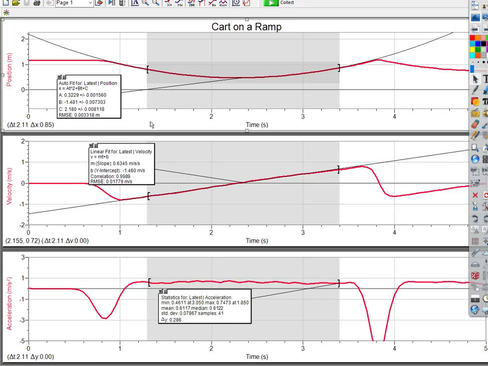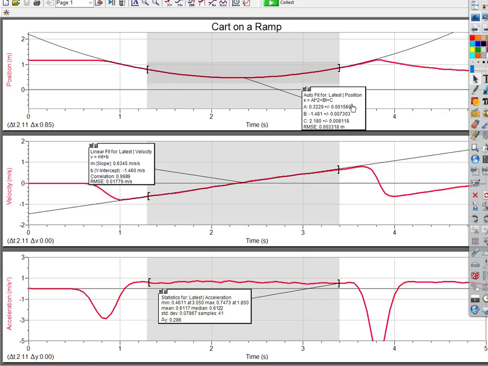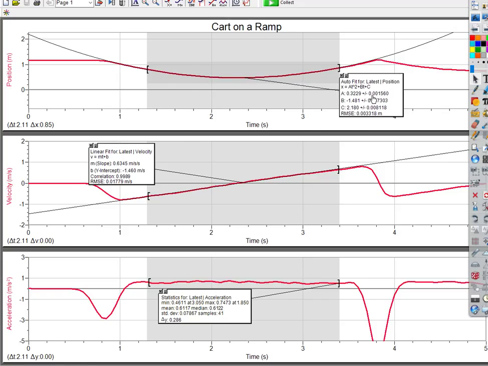Okay, what's this telling me? This is telling me that A is equal to 0.3229 plus or minus 0.001560, et cetera. How is that related to g? What's the equation that would apply in this situation where we've got accelerated motion?